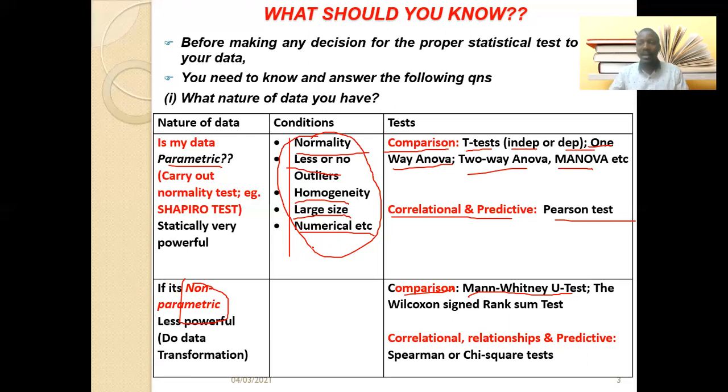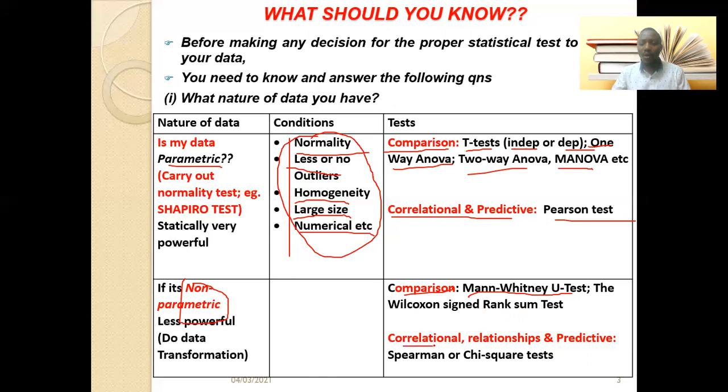Such kind of data cannot obey the use of parametric tests, so you need to go for non-parametric tests, of which the Mann-Whitney U-test will be used for comparison, and the Wilcoxon rank sum test. These are the common ones. There are several, but these are the common ones which are said to be more powerful.